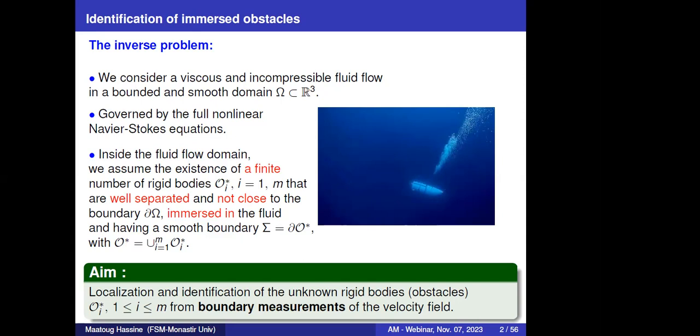We will call them obstacles, and we assume that they are well separated but not close to the boundary. Our aim in this work is to localize and identify the unknown obstacles from boundary measurement of the velocity field.